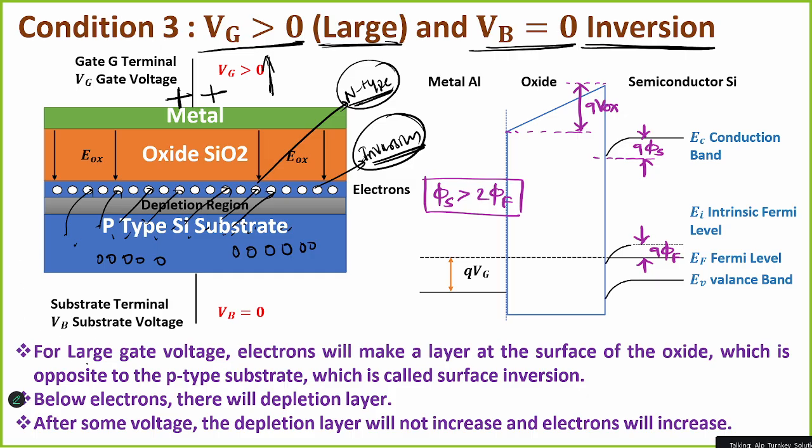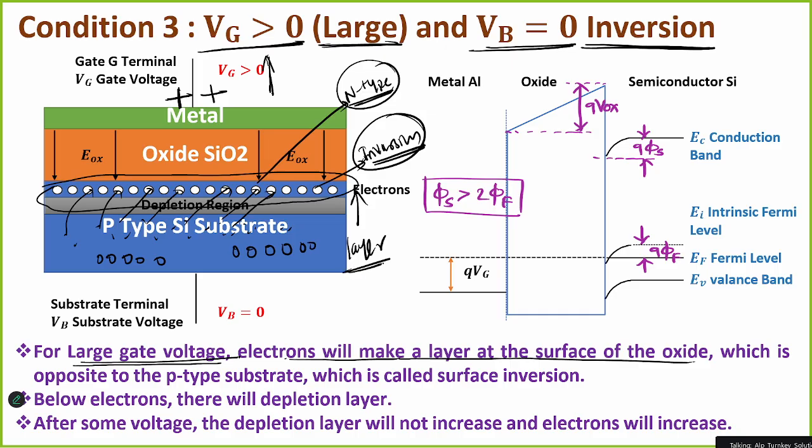For large gate values, if we increase the gate voltage more and more, electrons will make a layer at the surface of the substrate, which is opposite to the p-type substrate. That's why we call it surface inversion.